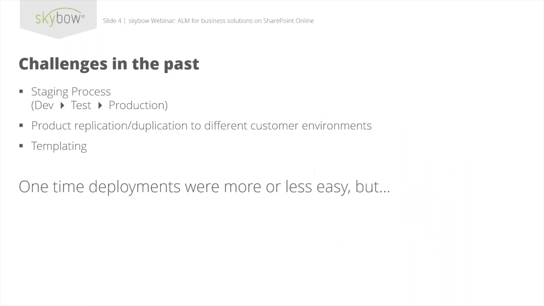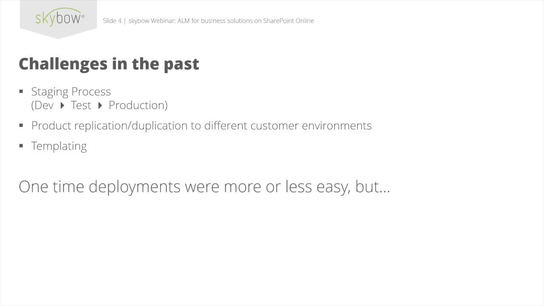So the challenges in the past, and there are actually three topics in my point of view. One of the most important is the whole staging. As I said, I did a lot of projects in the past, and I developed something in a development system, then I needed to deploy it somehow to test environments for user acceptance test, and after this, it needed to be published to production.